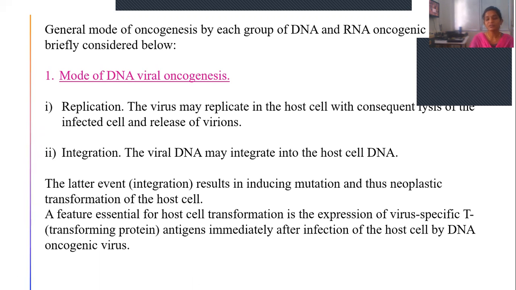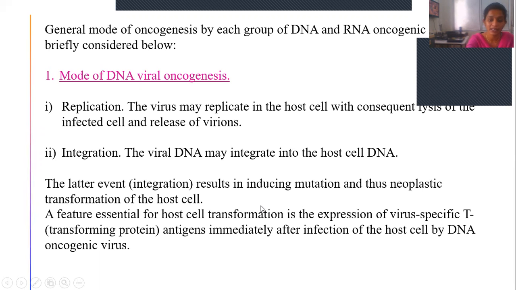The outcome of these mutations is neoplastic cells: normal cells will be converted into neoplastic cells. For this transformation of a normal cell into a neoplastic cell, it requires virus-specific T antigens. Only in the presence of virus-specific T antigens, normal cells will be converted into neoplastic cells.